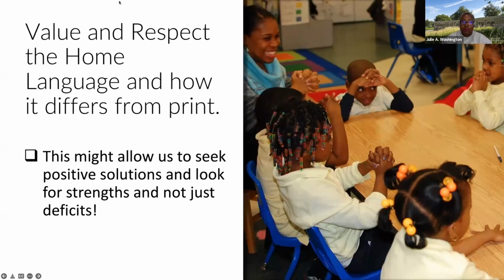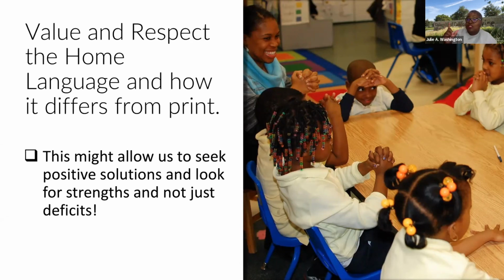And we need to value and respect the home language and how it differs from print. I've been talking a lot more recently about translanguaging, which some of you may know comes from bilingualism. It's the idea that instead of suppressing dialect, because you notice I'm not really talking about teaching code switching, which is the direction a lot of people have gone in. And what that does is when kids come to school, we're saying, okay, that's your home language, that's wonderful, but you need to stop doing that and you need to learn this system.